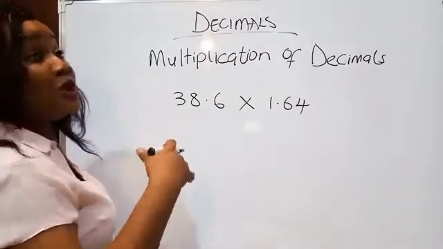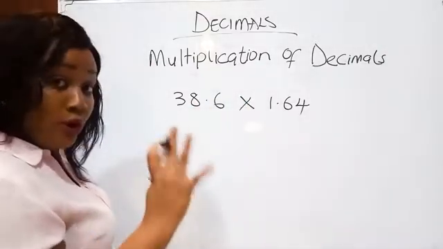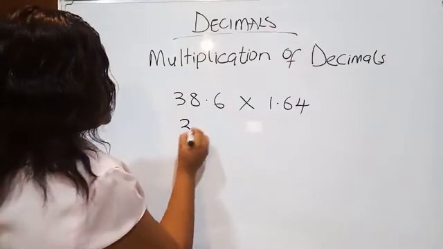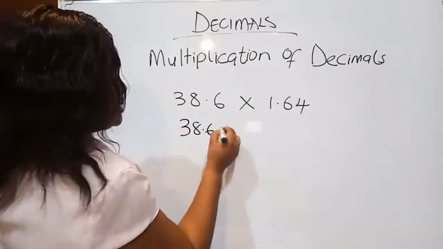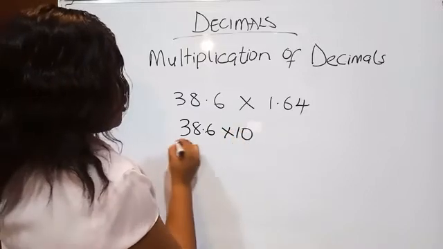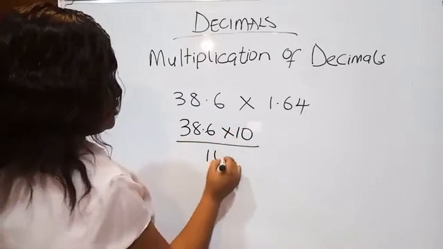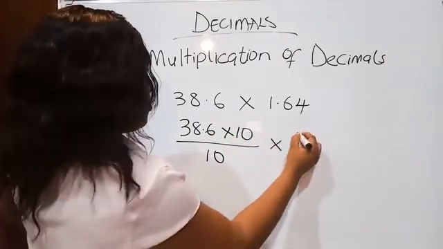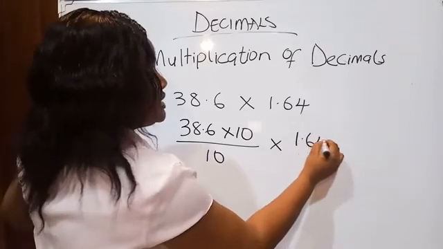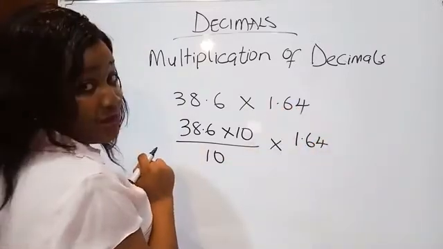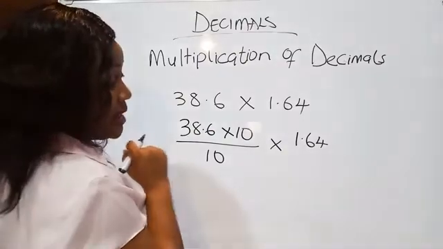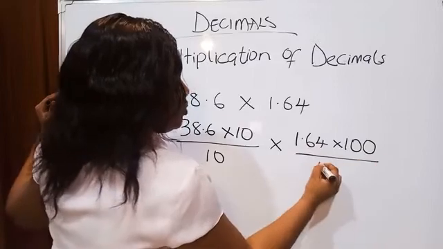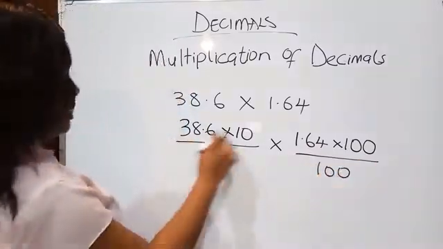We want to get 386, which is the closest whole number you can get for it. So you have 38.6 times 10 over 10, times 1.64. This one, because it has 2 digits after the decimal point, has to be multiplied by 100 over 100.